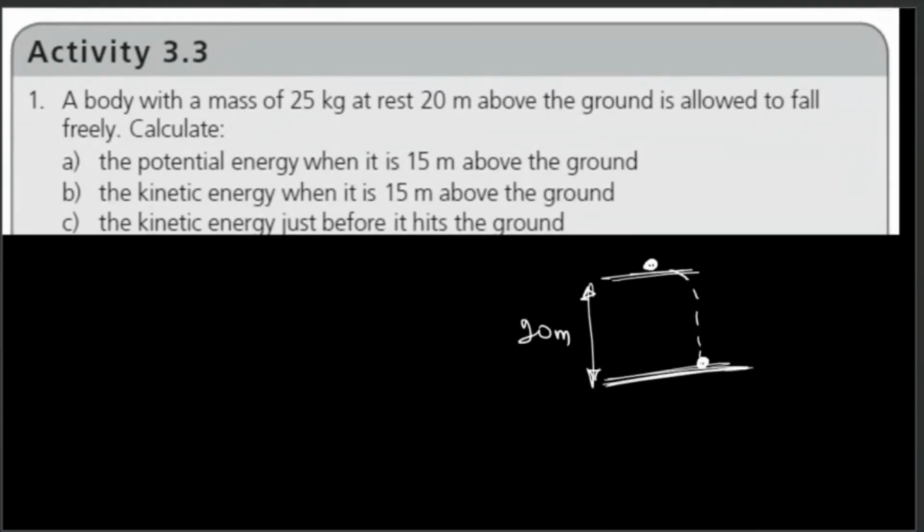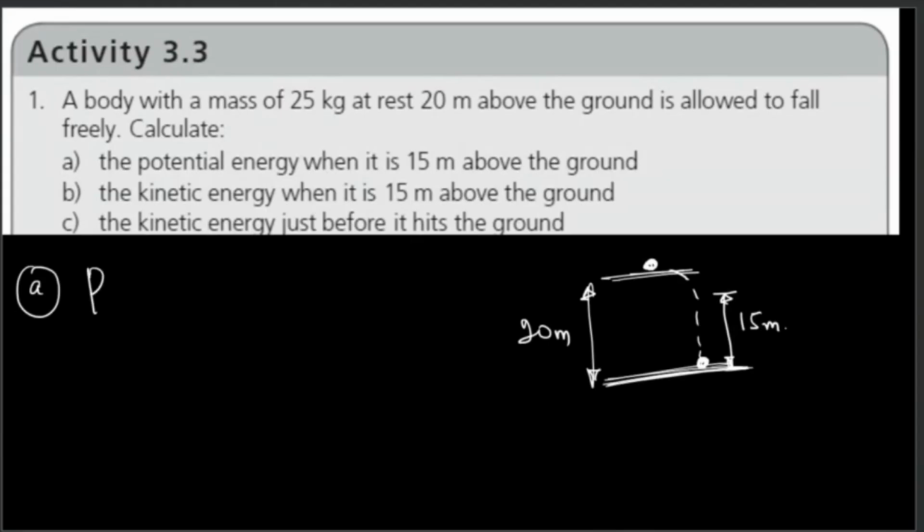Now, the first question says that you must calculate the potential energy when it is 15 meters above the ground. So let's say this is 15 meters. It was at rest. It will still have a little bit of potential energy at exactly 15 meters above the ground.